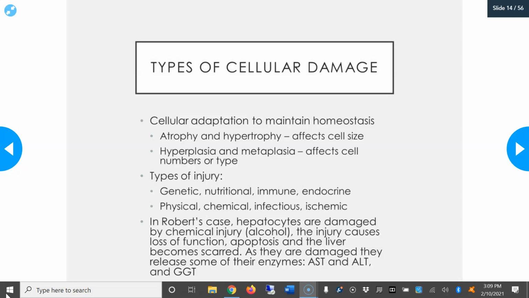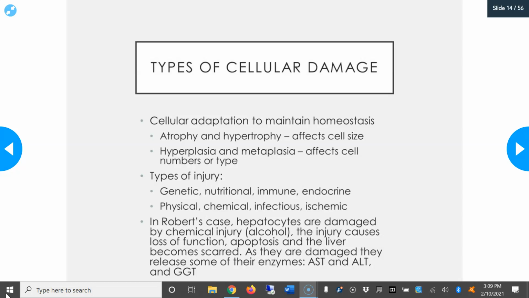Nutritional, some of the cellular injuries could be due to deficiencies in micronutrients such as vitamins and minerals. It could also be overfeeding with too much glucose in the body. Immune could be, for example, an autoimmune where your immune system attacks the healthy tissue. Endocrine, it could be because of various endocrine abnormalities, excess of certain hormones, or not enough of certain hormones.